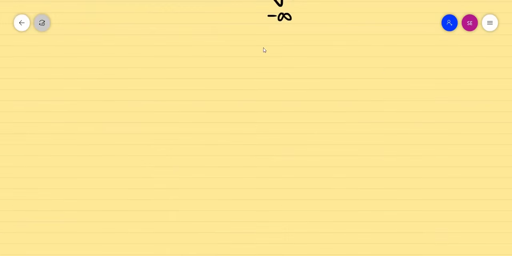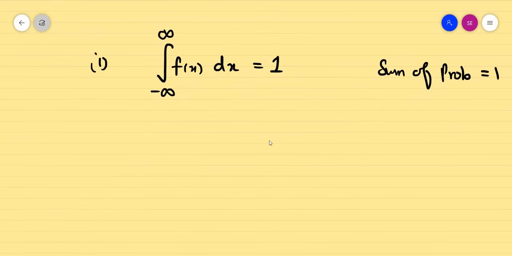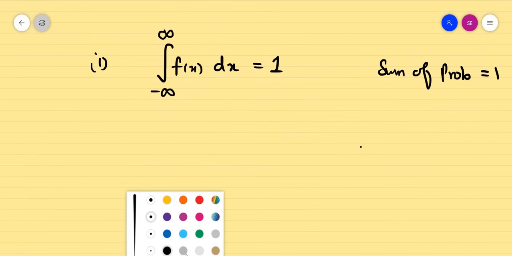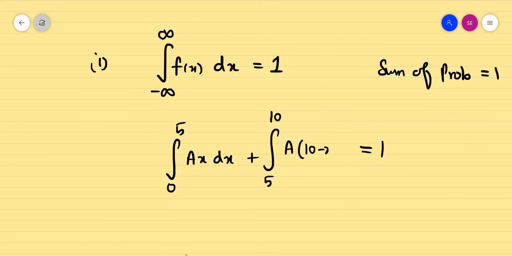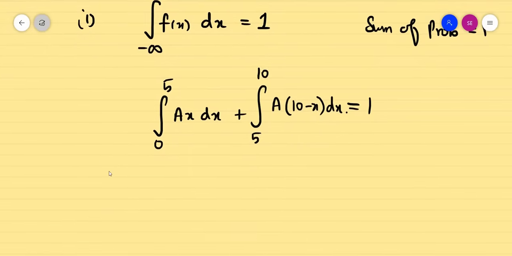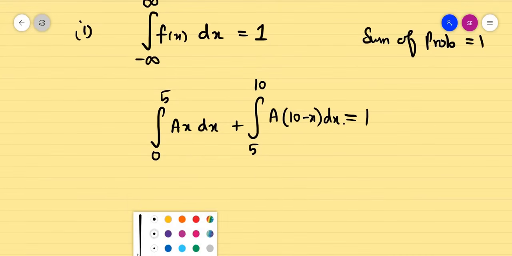So using this, I am going to split this function. I know sum of the probability is 1. In 0 to 5, my function is ax dx. In 5 to 10, my function is a into 10 minus x dx. And remaining all the part, my function is 0. Is it clear? 0 means you cannot get integration.